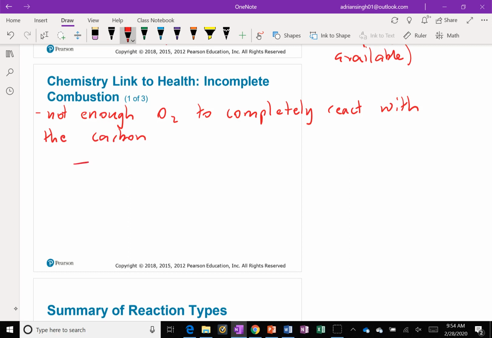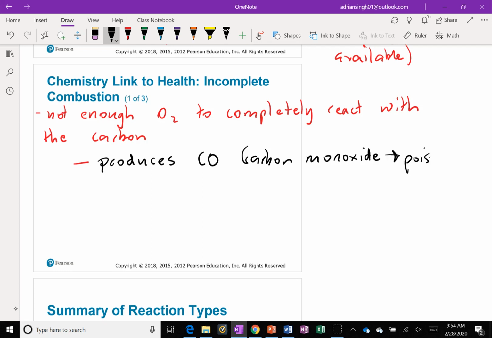And what that means then is that the products are going to be different, and specifically it also produces CO, which is carbon monoxide, which, as you probably know, is very poisonous.